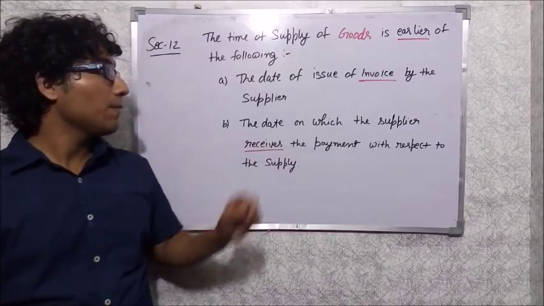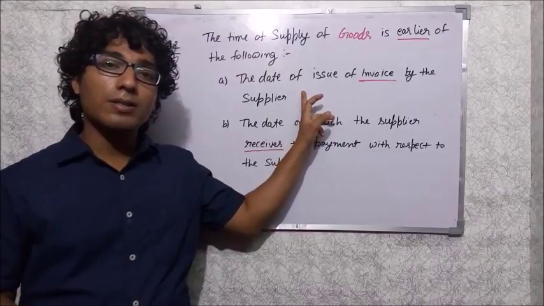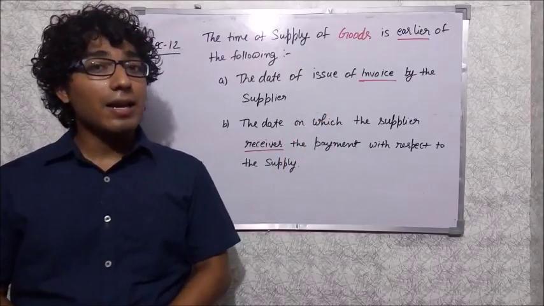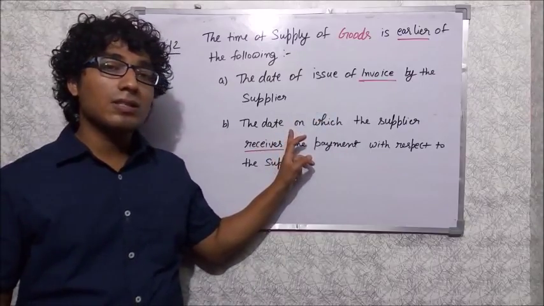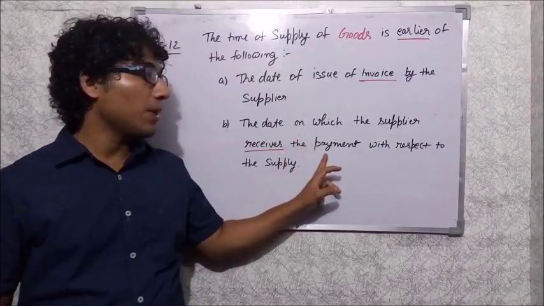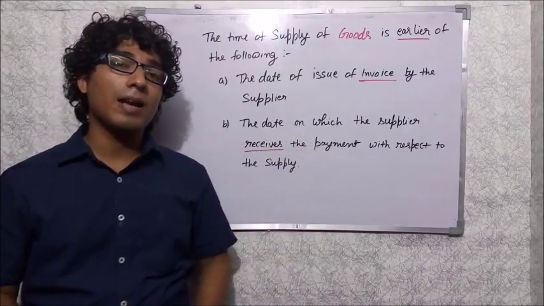The first event is the date of issue of invoice by the supplier, and the second event is the date on which the supplier receives the payment with respect to those supplies.